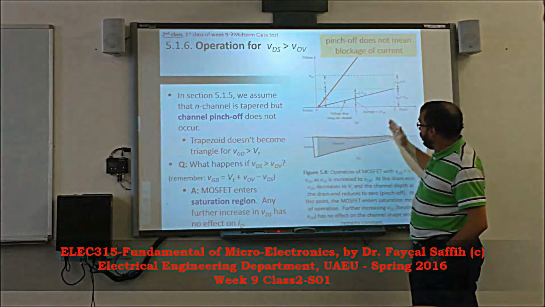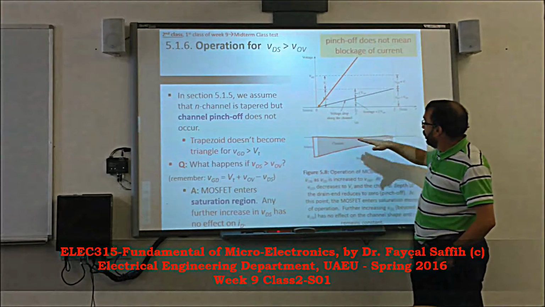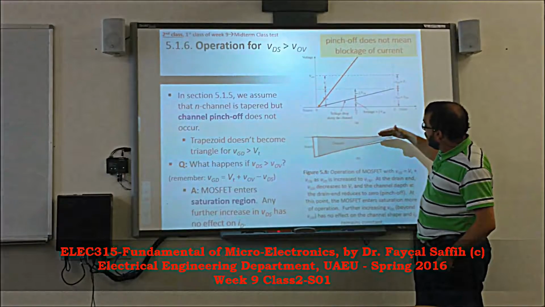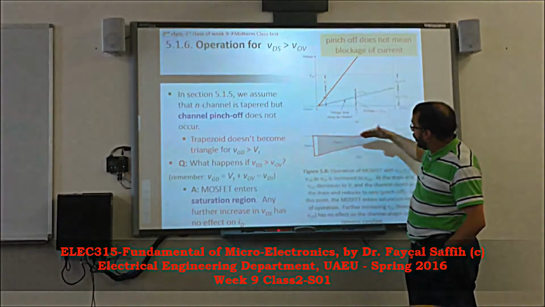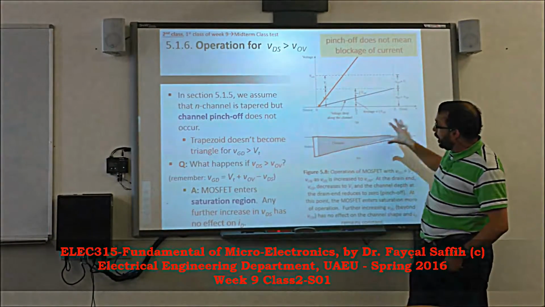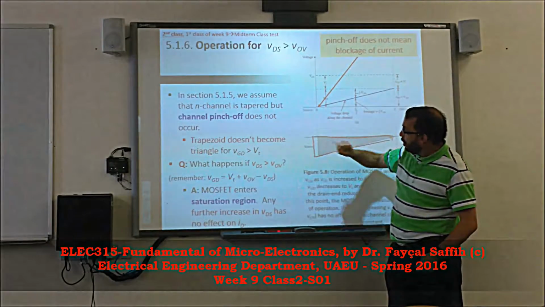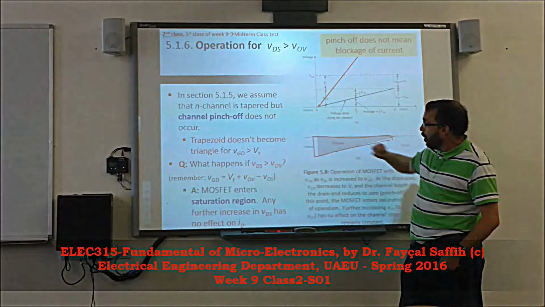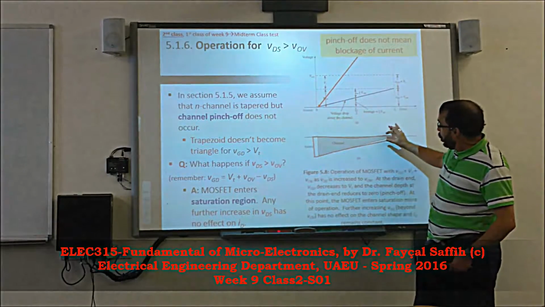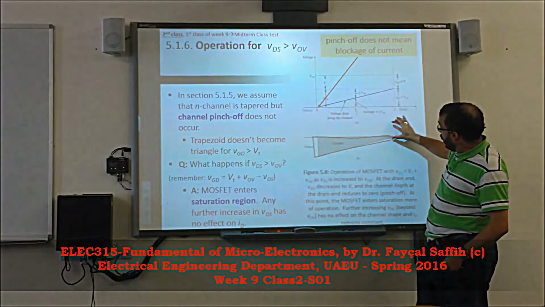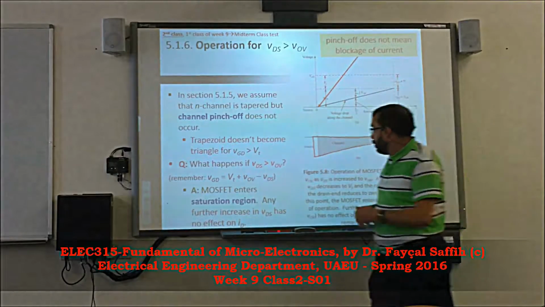Why is that? Because when VDS is above the overdrive, the channel will feel the voltage of the drain compared to the source. VDS will be able to influence the voltage of the channel, and of course the charge will be dependent on the voltage across it.